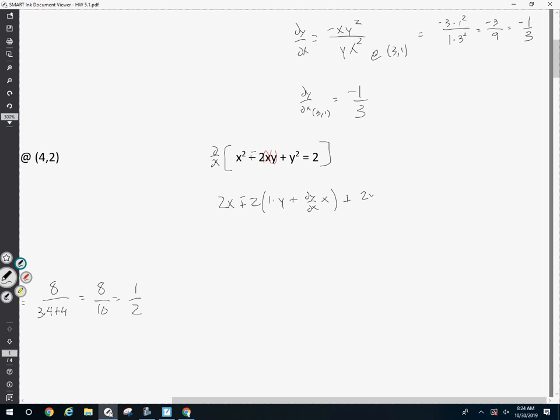I don't know, I go back and forth each year which way I prefer. But as long as we get 2x plus negative 2y plus negative 2x dy/dx plus 2y dy/dx, then we're fine. That's not right. This is just 2x.